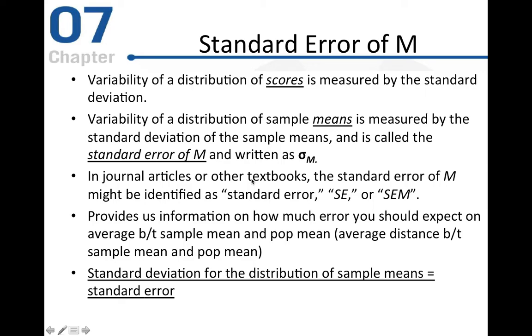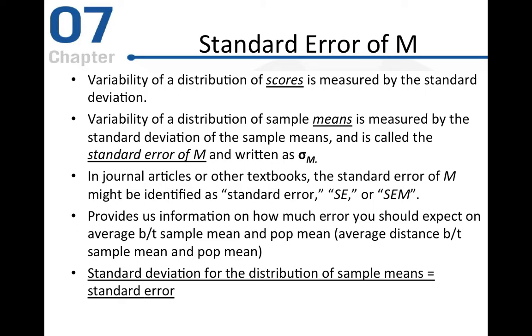So in journal articles and other texts, this might be identified as the standard error, SE, or SEM. It provides us information on how much error you should expect on average between the sampling mean and the population mean. So it's essentially the average distance between the sample mean and the population mean.